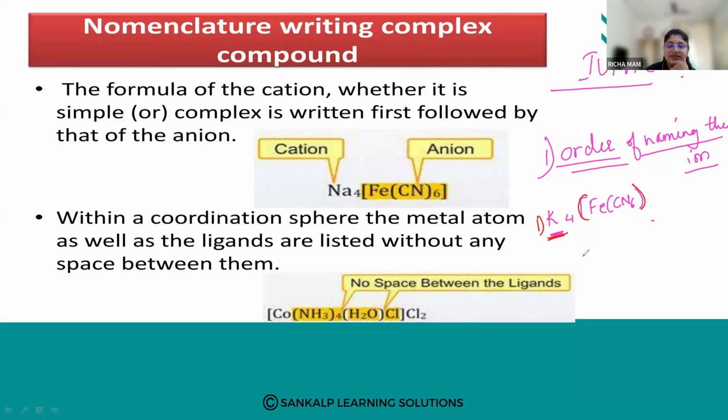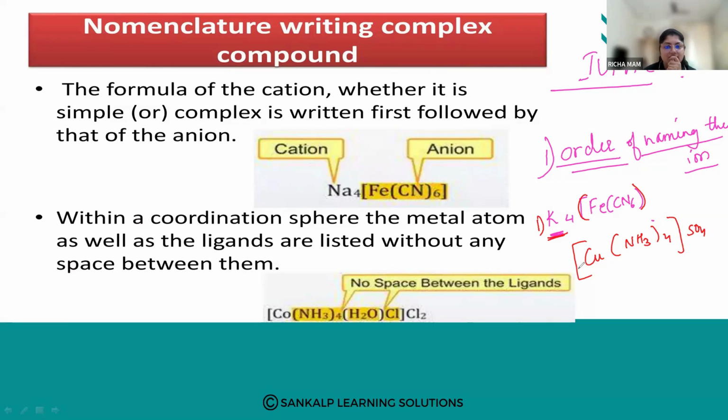Next we'll see one more example: [Cu(NH3)4]SO4. Now here, what are you going to name first, which is the positive entity? Please see the charge on sulfate also.